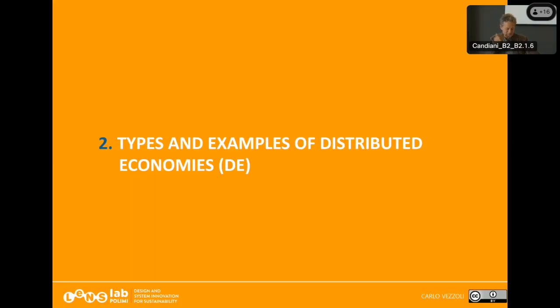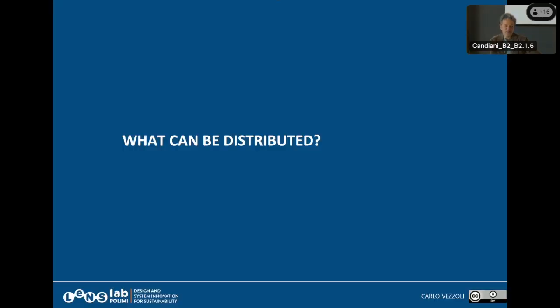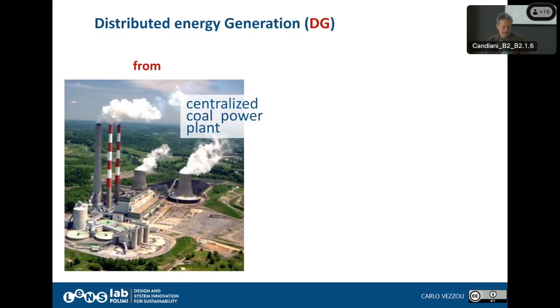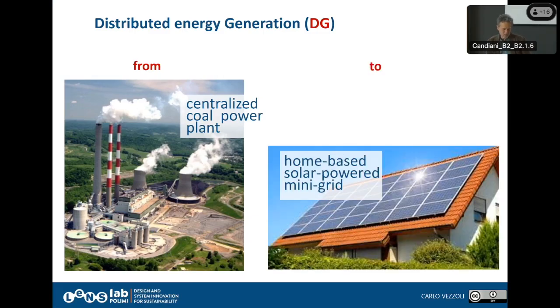But let's see some types and examples of distributed economy. So what can indeed be distributed? The energy could be distributed, all right? Maybe we made an example even in the first lecture. So we can move from centralized coal power plants to what? To a home-based solar power mini-grid, okay?